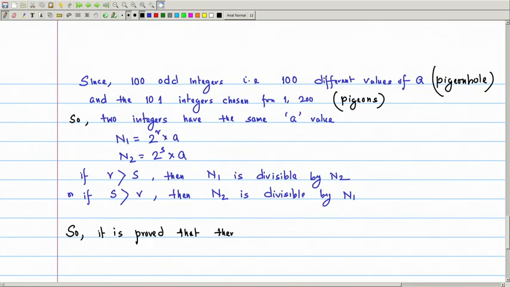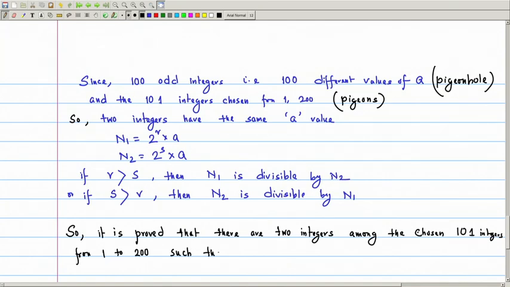So, it is proved that there are two integers among the chosen 101 integers from 1 to 200 such that one is divisible by the other.